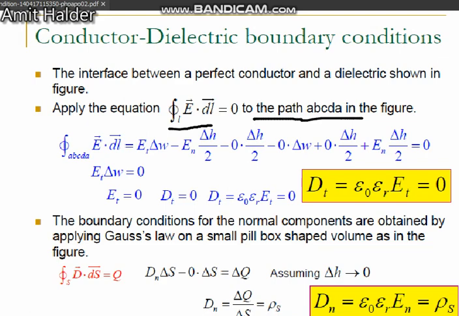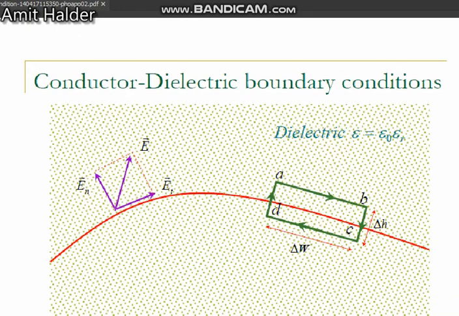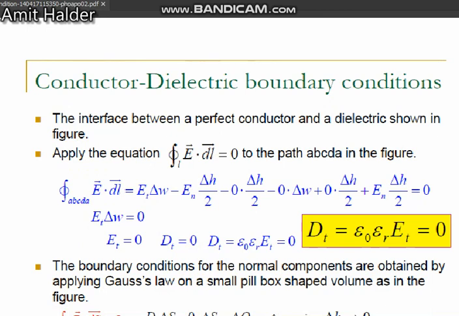Same as before. The change here is that you just have Et del W. There is no E2t or E1t.